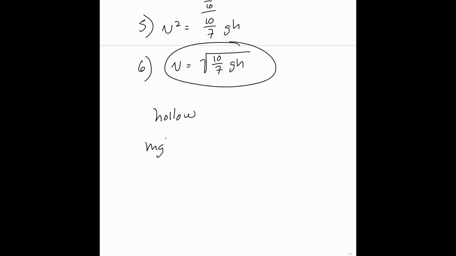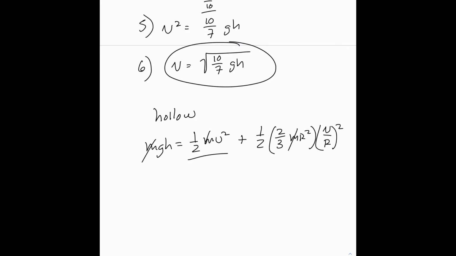We would have mgh equals 1/2 mv squared, that's the translational kinetic energy, plus 1/2 I omega squared. In place of I, we'll say 2/3 mr squared, and in place of omega, we'll say v over r. Just like before, there's an m in every term. The r squared cancels out, and 1/2 times 2/3 gives us 1/3.